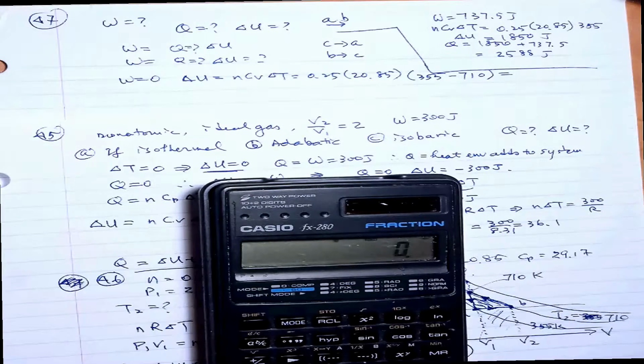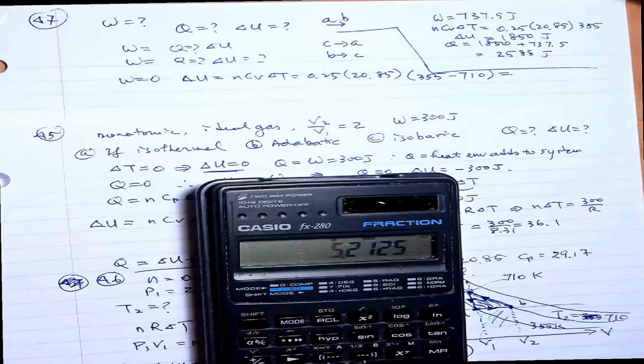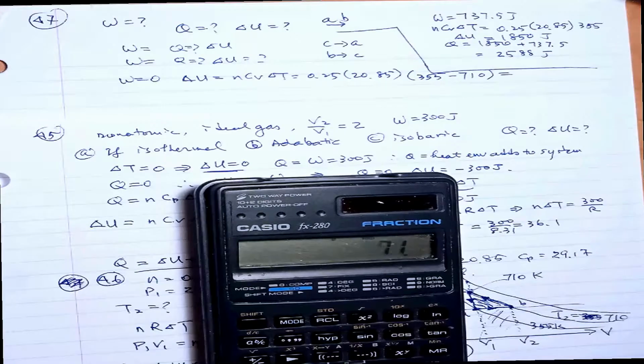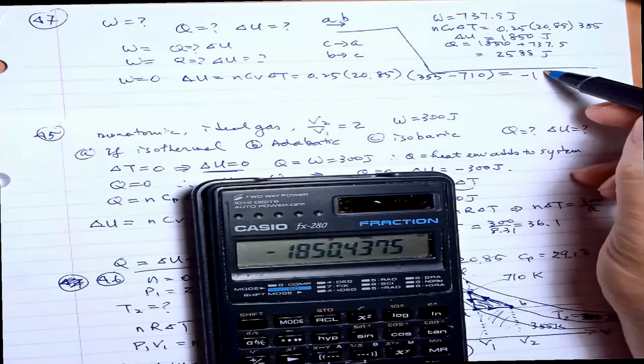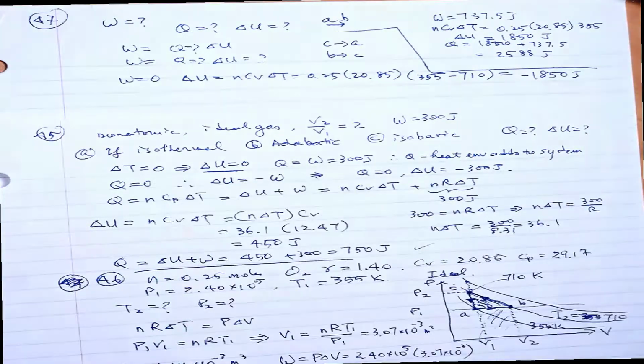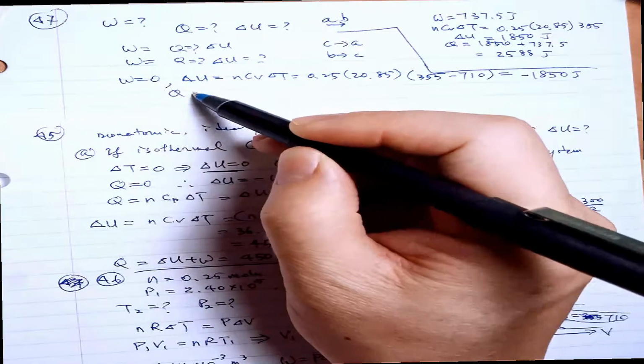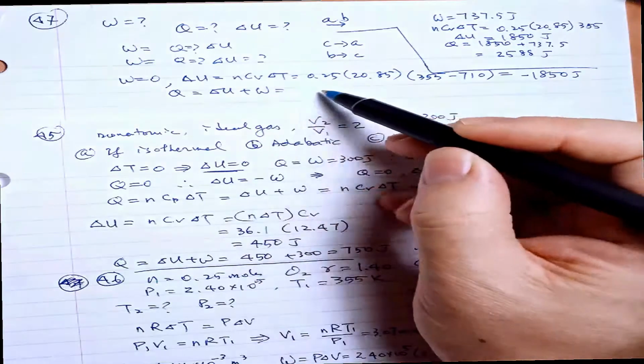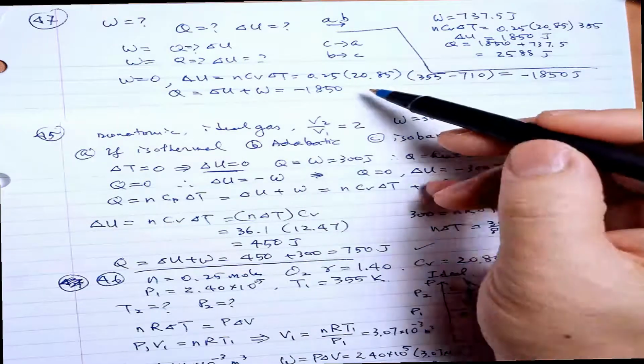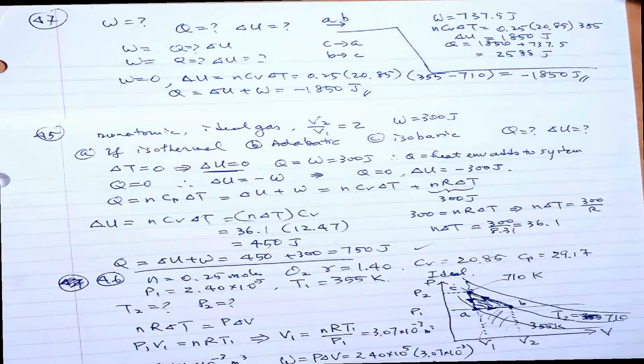So 0.25 times 20.85 times bracket 355 minus 710. I get a negative 1850 joules. So that is the change in internal energy. And heat, therefore, is change in internal energy plus work. So it's simply negative 1850 joules.